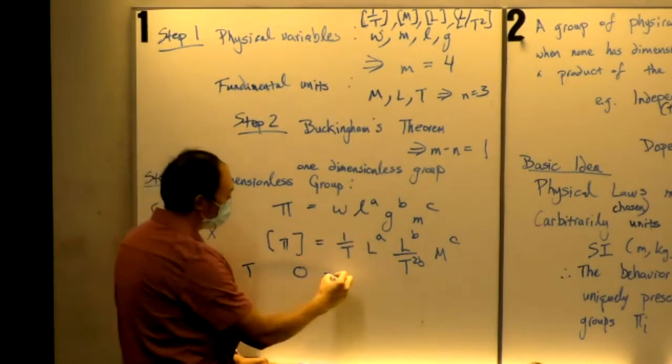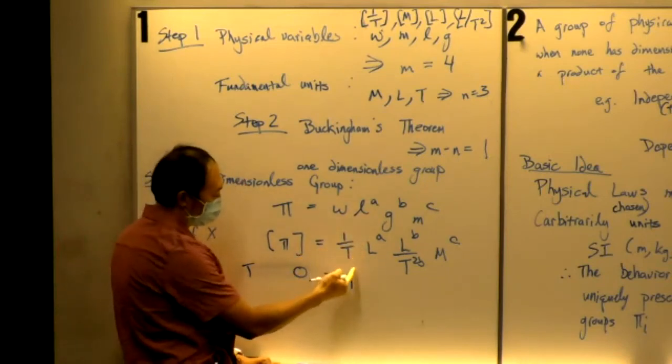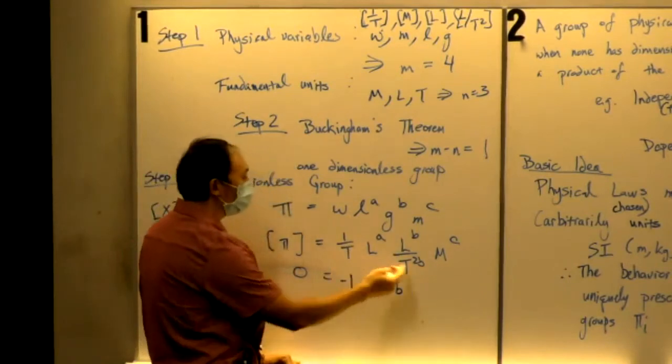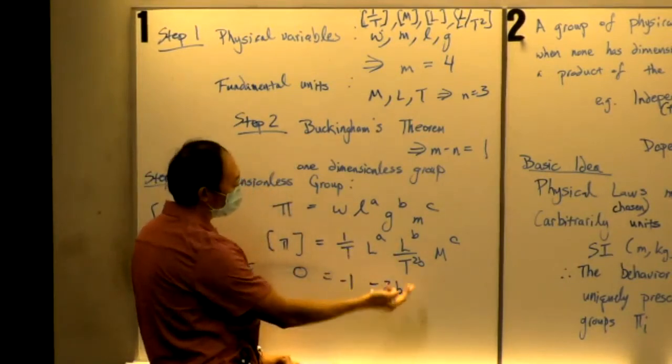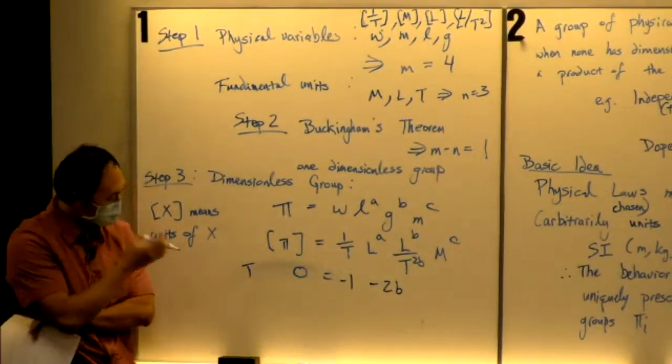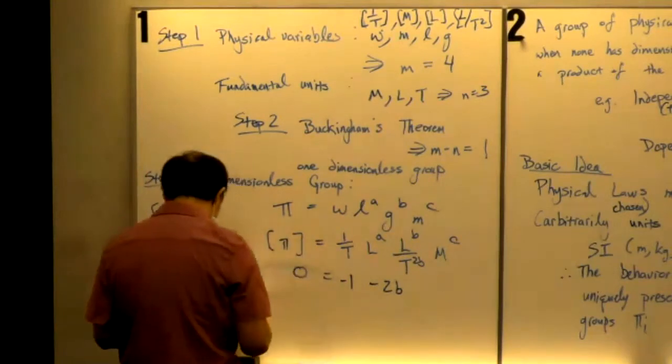And in the beginning, I got negative 1 for t, and then I got minus 2b. In other words, there's a relationship between b and this thing so that it cancels out. That's the only possible relationship so that you get no t's in the end. You don't have much choice with the t.